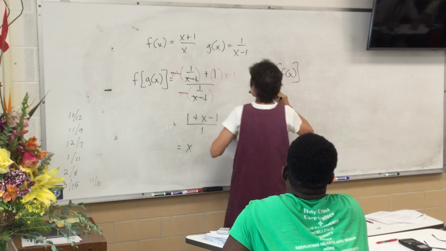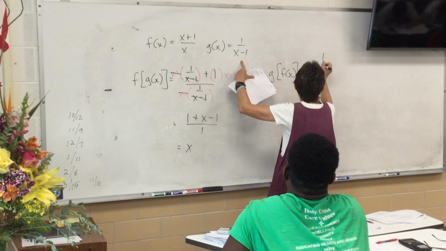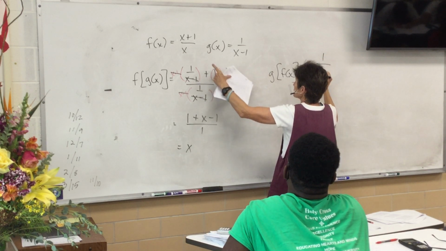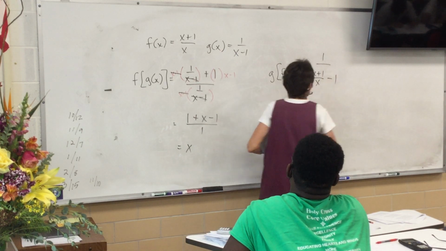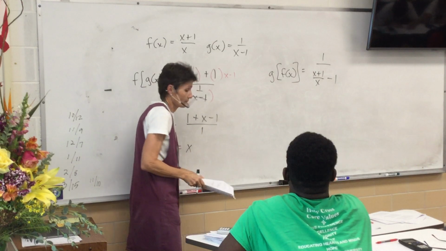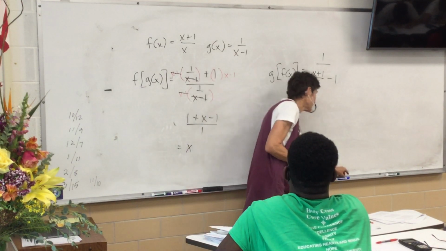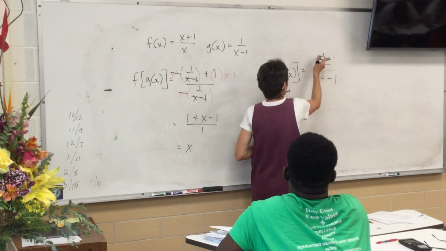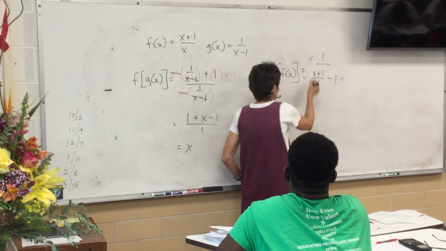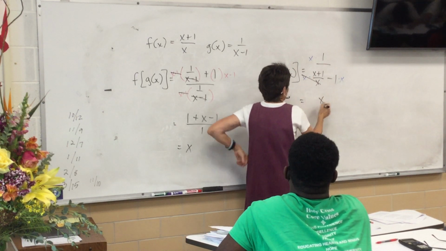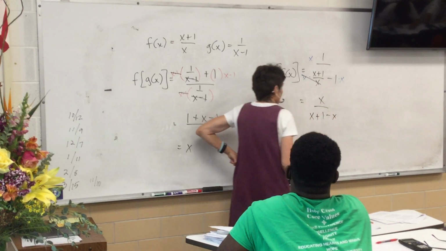So now I'm going to plug F into G. I'll multiply everything by x. Again, you can do whatever you want with it, but I'm going to multiply everything by x. Cancel that out. So x over x plus 1 minus x.